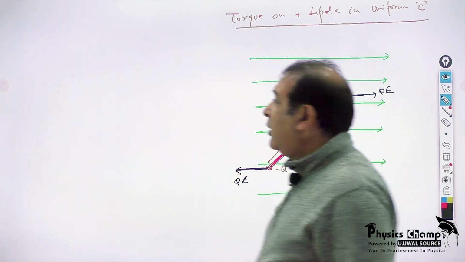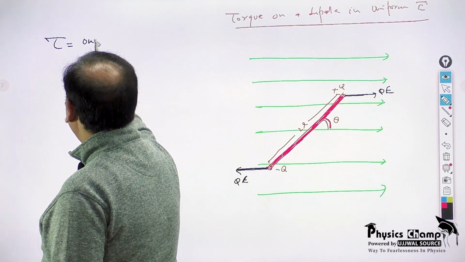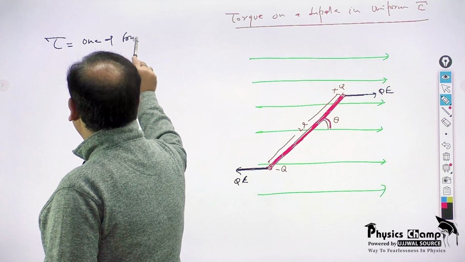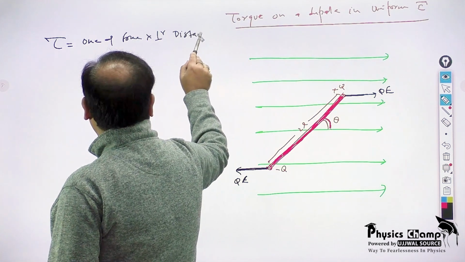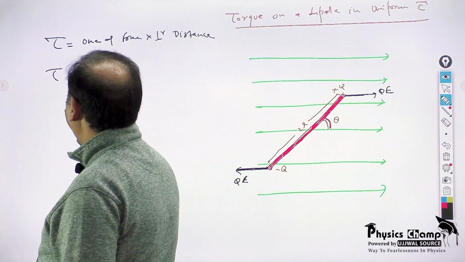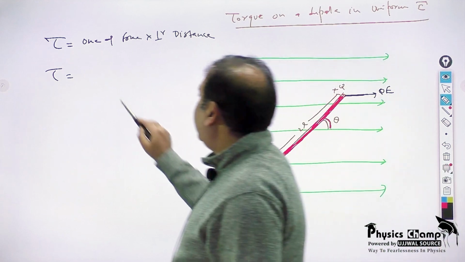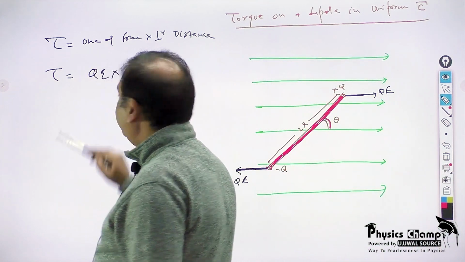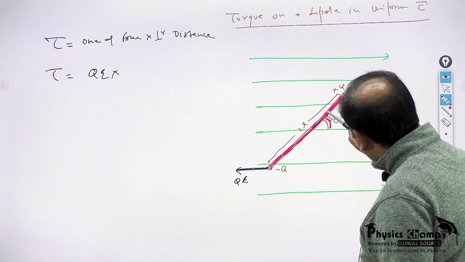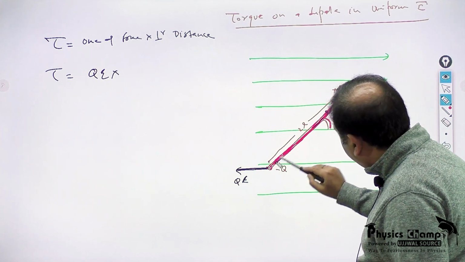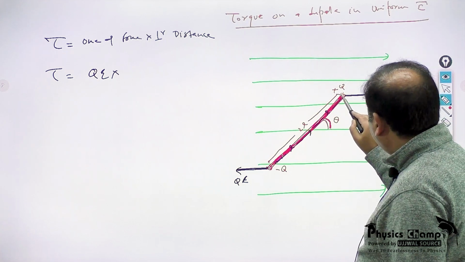And then I am looking for the torque. Torque will be one of the force into perpendicular distance between them. So one of the force, both sides it is the same force which is acting, qE. And what is the perpendicular distance? Each half it will be L and L. And I am also looking for the perpendicular distance.